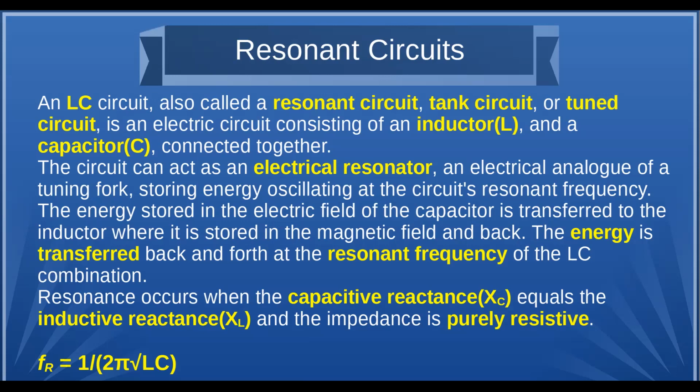And it's because it can act as an electrical resonator, sort of the equivalent of a bell or a tuning fork, that's going to oscillate at some fixed frequency. And that frequency will be determined by the values of the inductance and the capacitance.